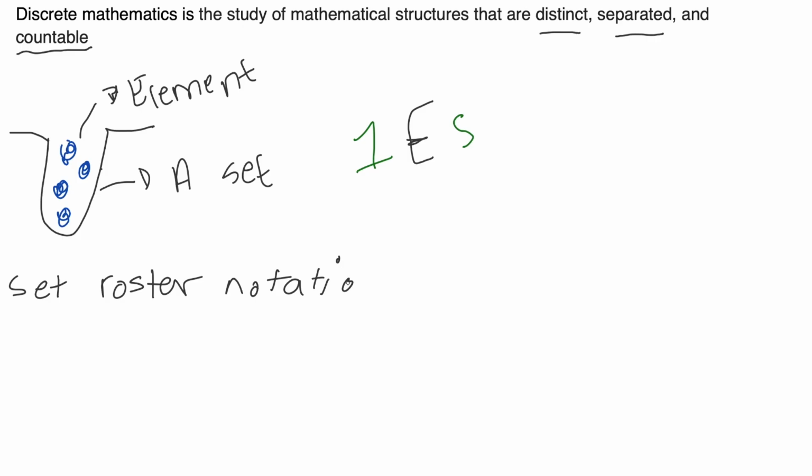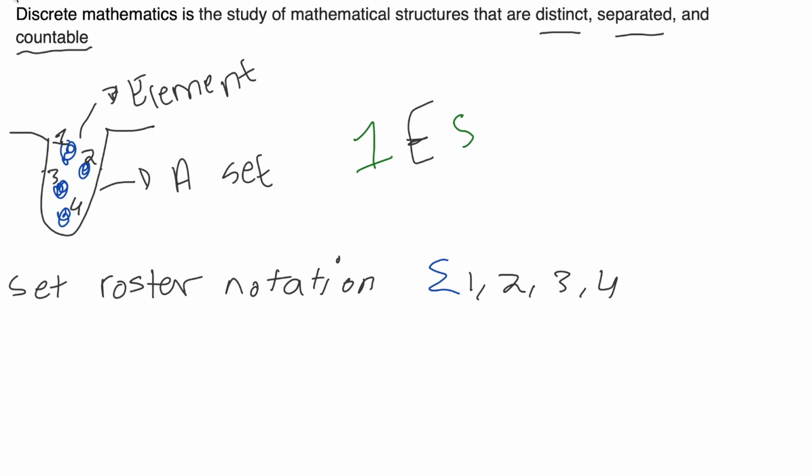To use the set roster notation, we first need to label our elements, meaning that in our jar we have 4 elements. We can label it as 1, 2, 3, and 4. And so therefore, the set roster notation is going to be written in curly braces, importantly, and is going to contain the marbles we just labeled 1, 2, 3, and 4.